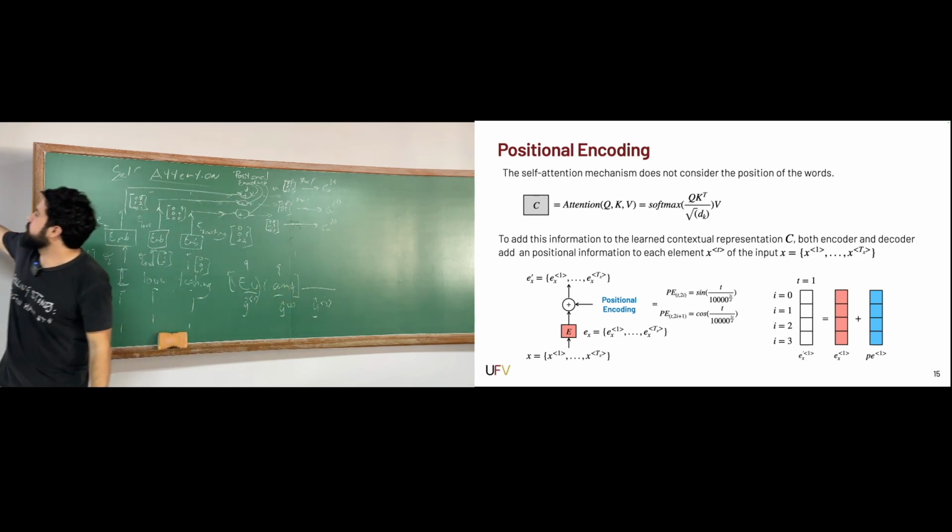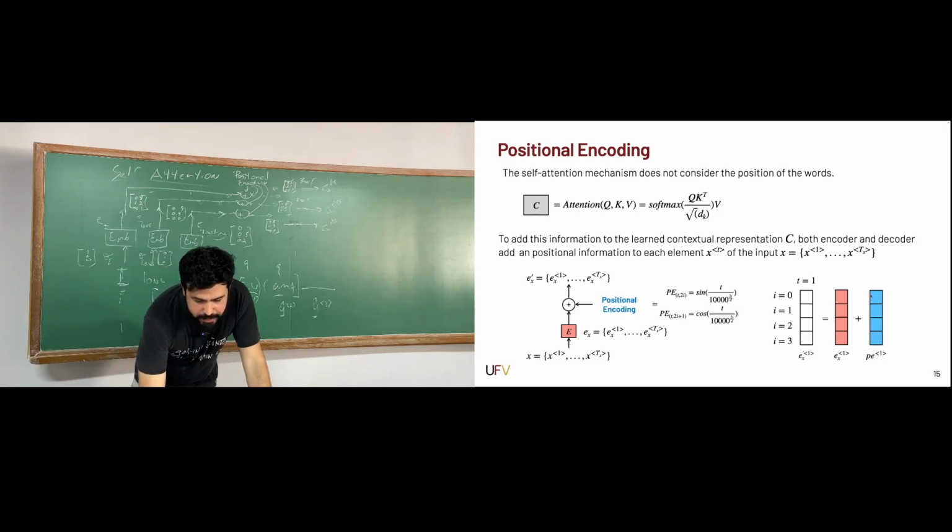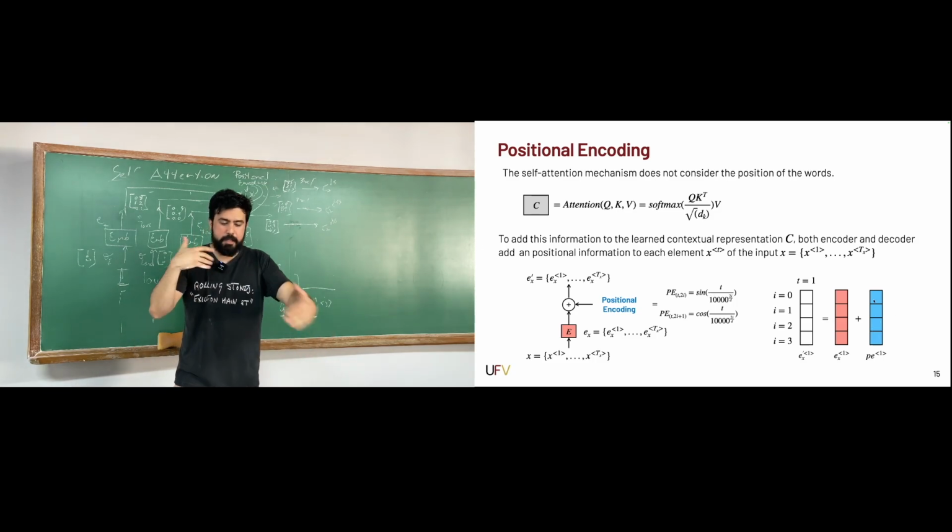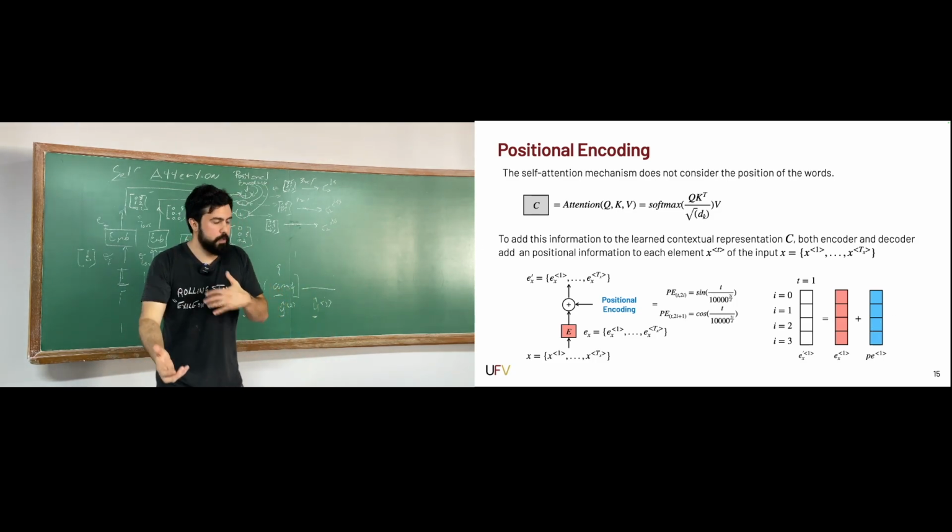And what they're doing is, in blue here, if the index is odd, which is the first one here, I'm going to use a cosine. If it's even, I'm going to use a sine. So each of these dimensions here are going to be alternating between sine and cosine.